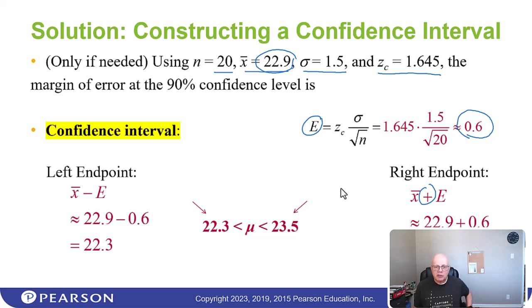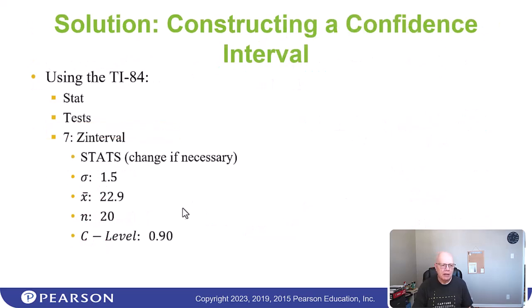Now remember, you have two different ways of doing this. I don't expect you to be able to do both, but if you can, that is a plus. Just a reminder, if you're using the TI-84, go stat, over to tests, 7, Z interval, and you can use Z because it's normally distributed.